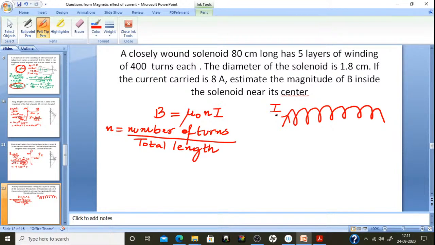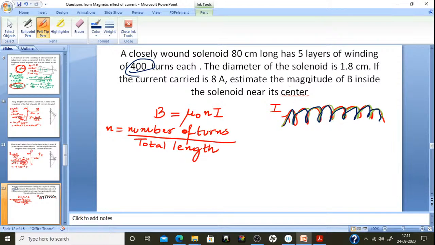Okay, so the question says that there is a solenoid and it has 5 layers. That means one wire is there, on top of this another wire, on top of this another wire, like that, and on top of this another wire again. Like this, 5 layers, 5 types of wires you can say. And the number of turns in each layer is how much? 400.